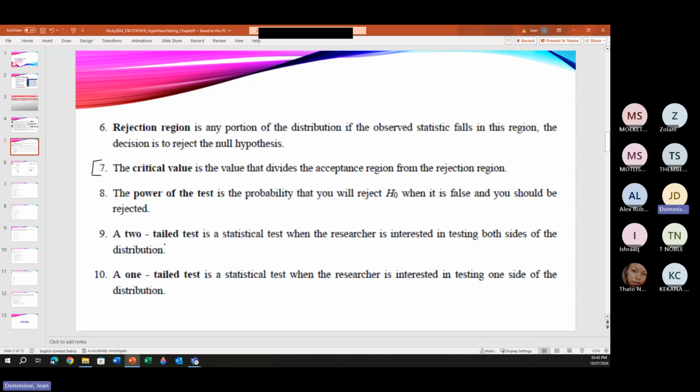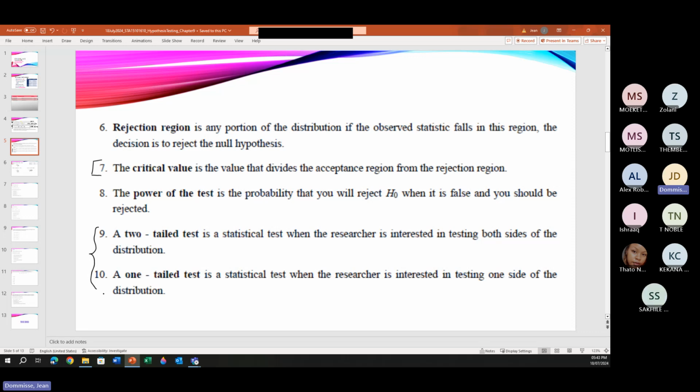Another thing that is important is, do we deal with a one tail or two tail? Because that will also influence what the critical value will be. It will also influence what alpha we work with.